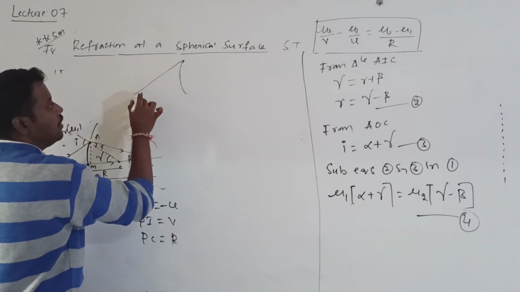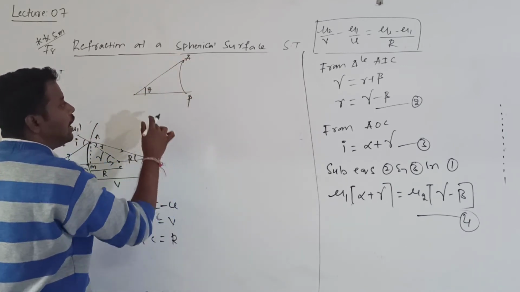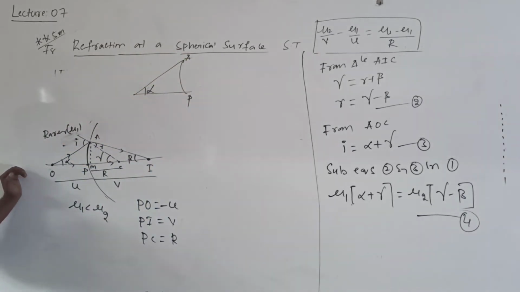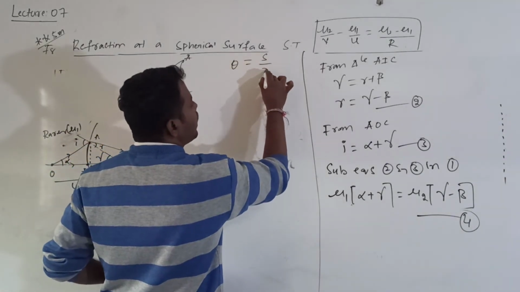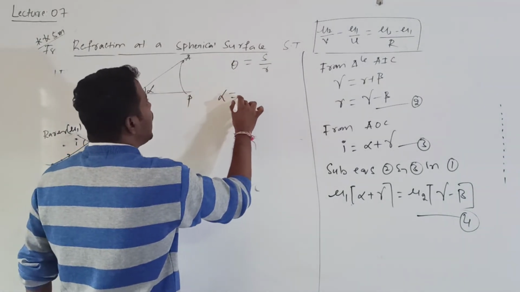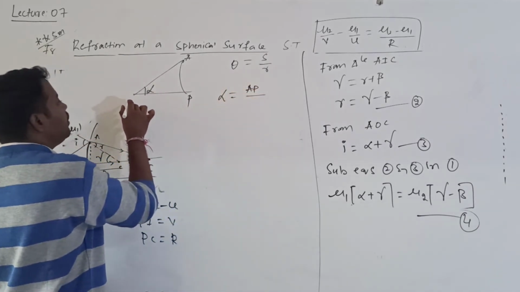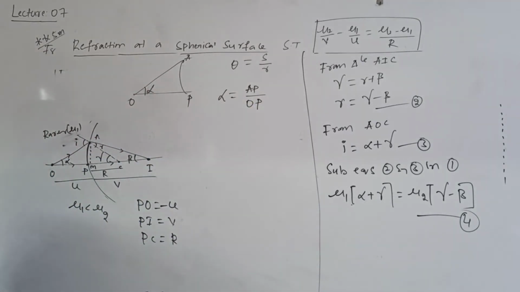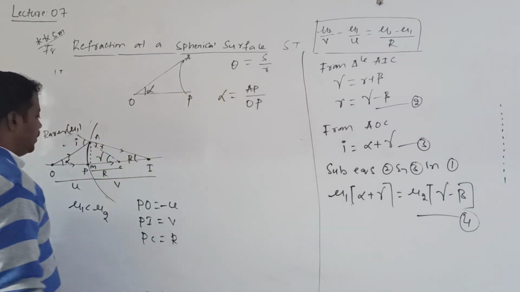This is AP, with A and P, and it is making an angle alpha. Whenever an arc is making an angle theta, theta is equal to S divided by R. By using that relation, alpha is equal to AP divided by OP. Understood?